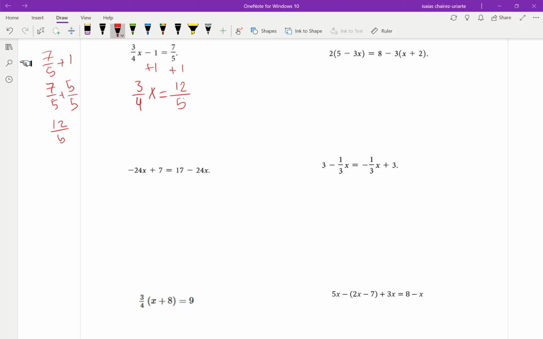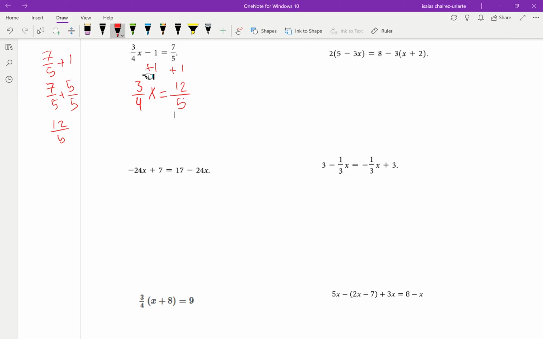Okay, the next thing I want to do is get rid of this 3/4 on the left hand side. How do I do that? You might be thinking, well, divide both sides by 3/4. I could divide both sides by 3/4.